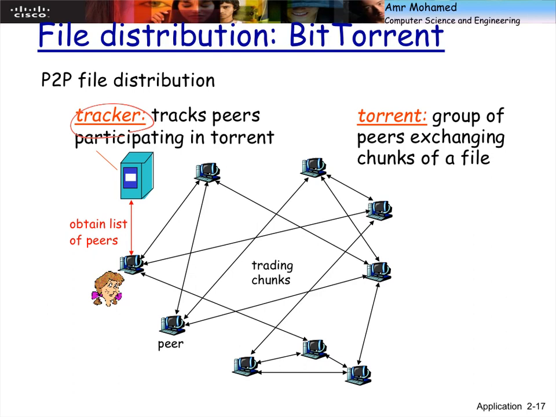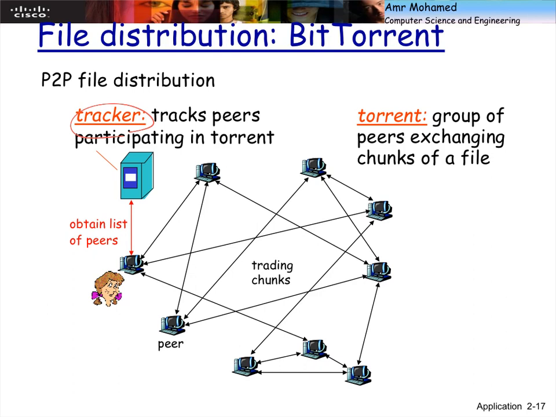And also the tracker, is it responsible also for each node, how many packets they receive or remaining to finish? I don't think so. I will talk about the technique that BitTorrent uses in order to select which chunk it should download and which chunk it should give to other peers.